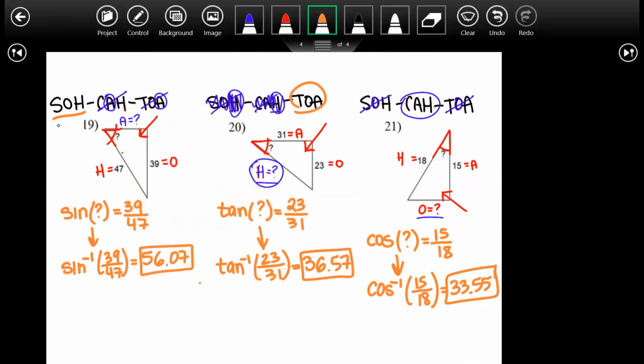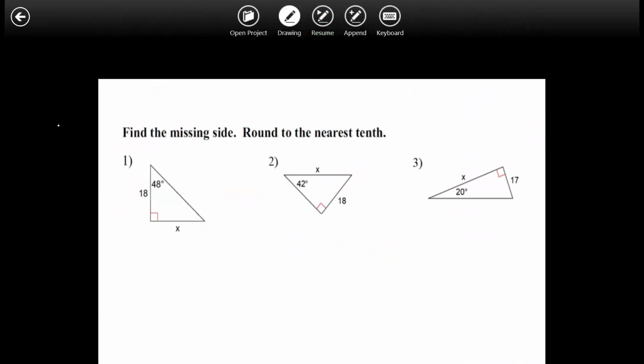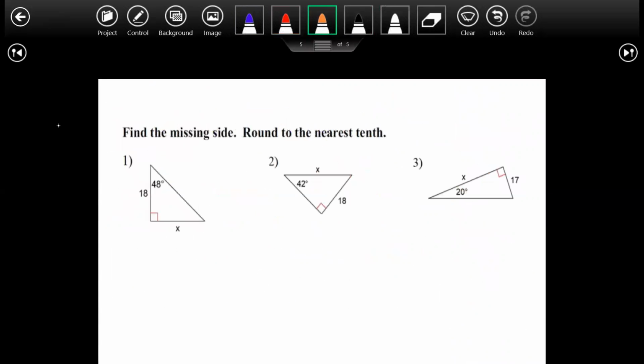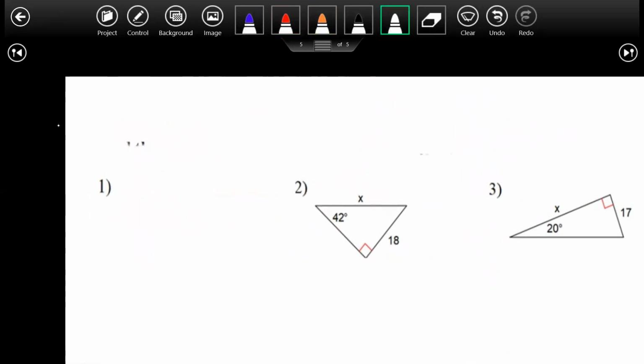Is this kind of ringing a bell? Yeah. I'm just going to do the middle one, because all of these still kind of work with each other. We've got to be able to do the same setup, right?